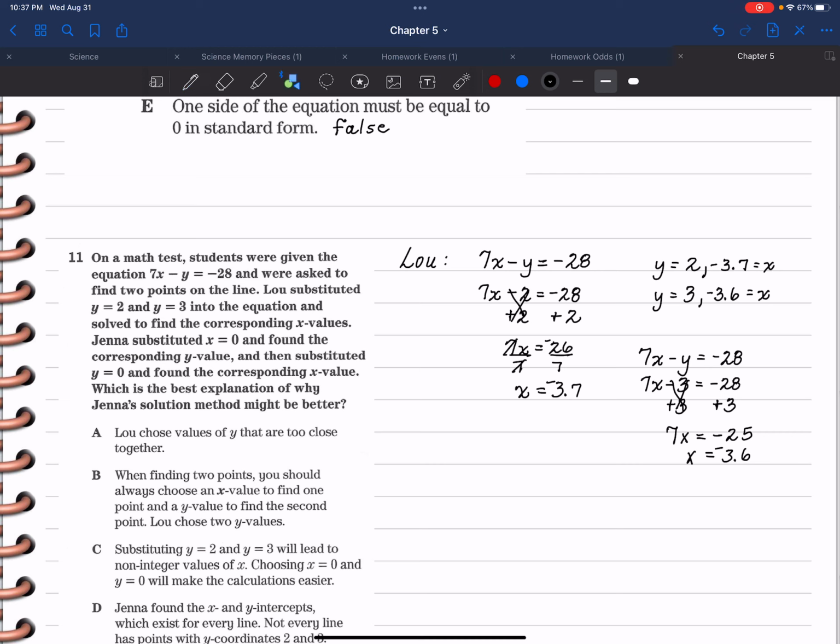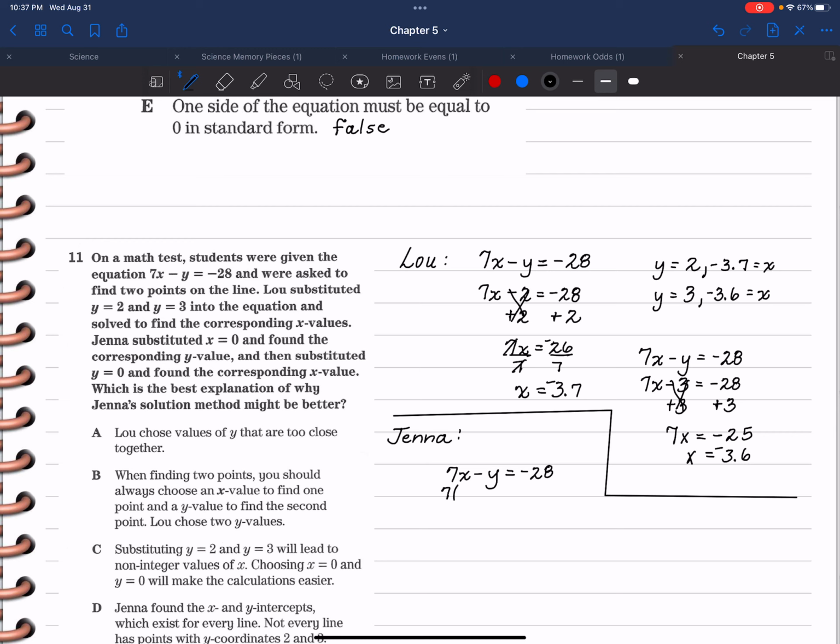So let's see what Jenna did and which method we think is the best. So here was Jenna's approach. The equation, and Jenna substituted x equals 0.